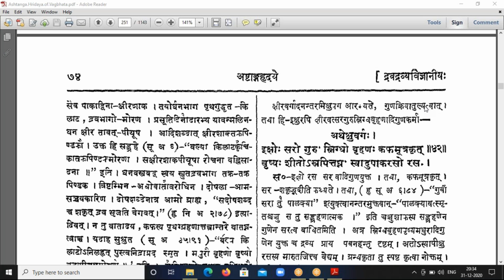Something extra with it. Ikshosaro Guru Snigdho Brahmana Kabhamutrakrit. Same. This is the same as what we saw in the Hrudayam. But another line after Vrishyasido, then Pavanajit, specifically told that it is Pavanajit, but Bhukre Vada Prakopanaha.